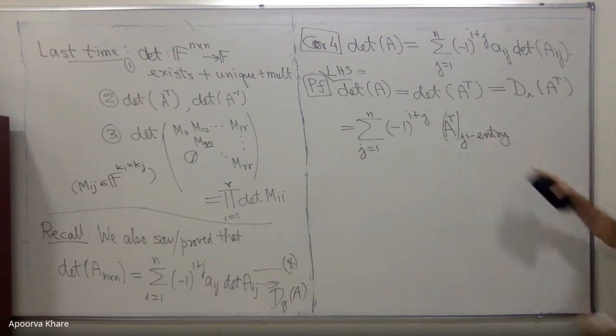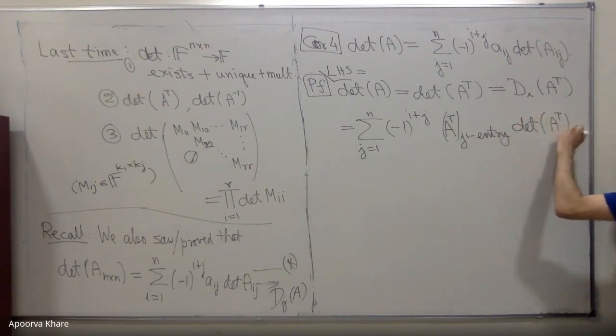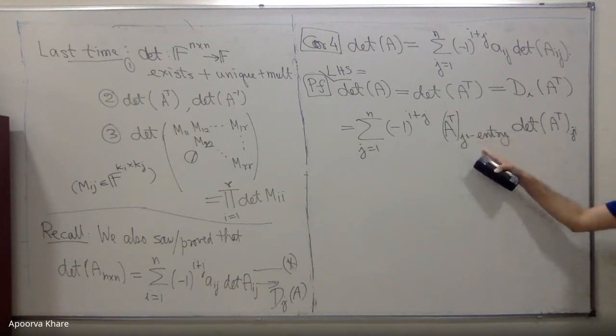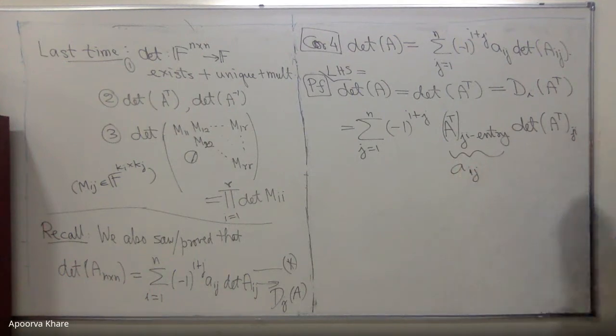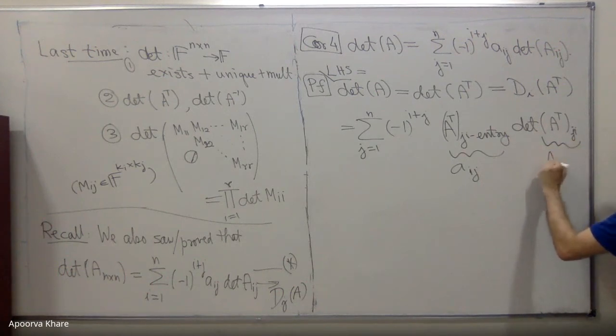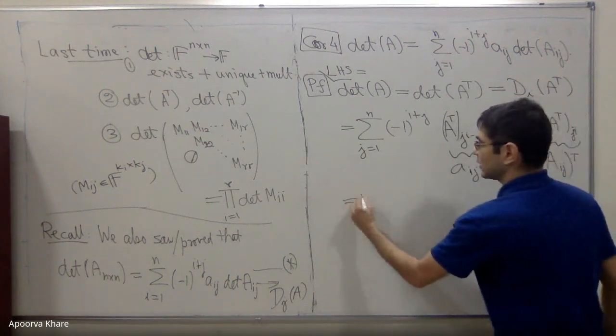First of all, the A transpose ji entry and then the determinant of the rest. Okay, so this is just the entry, but this entry is precisely Aij. And this matrix here is precisely Aij transpose: take this matrix and take its transpose. But now the determinant of any transpose is equal to the determinant of the same matrix, and so you get the right answer.